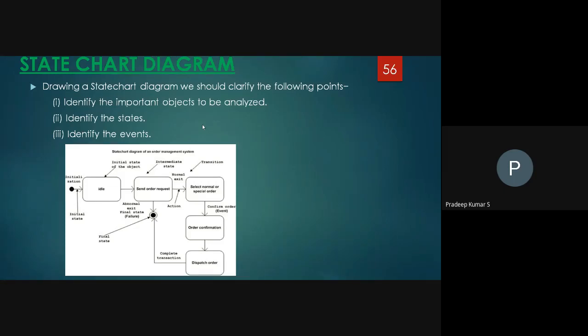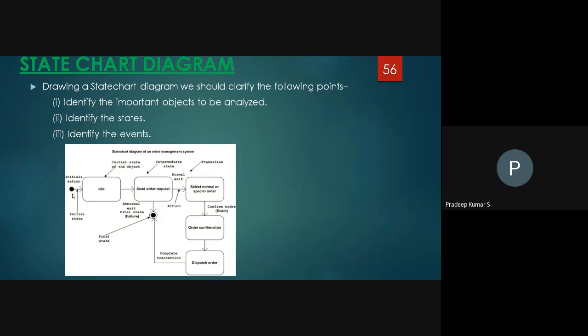Again, I talk along with one simple scenario, a good example, so you can easily imagine it. That is why I prefer one or two good examples. You know well about stock maintenance and ordering of materials. Here we have idle, order request, select normal or special order, order confirmation, and then dispatch order. One more thing.